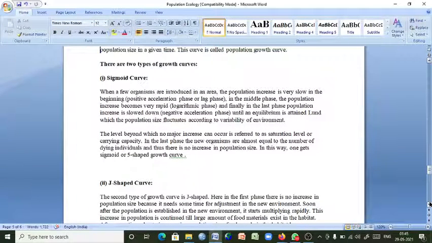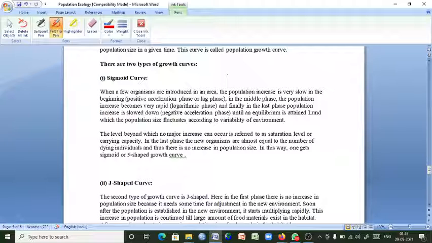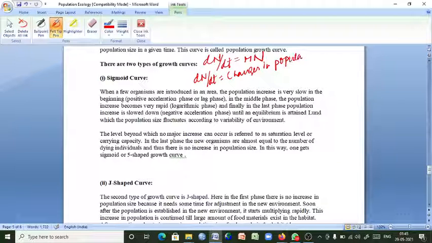by these equations. For the first one, we can explain this easily by dN by dt equal to rN. Here, the dN by dt actually indicates the changes in population per unit of time.